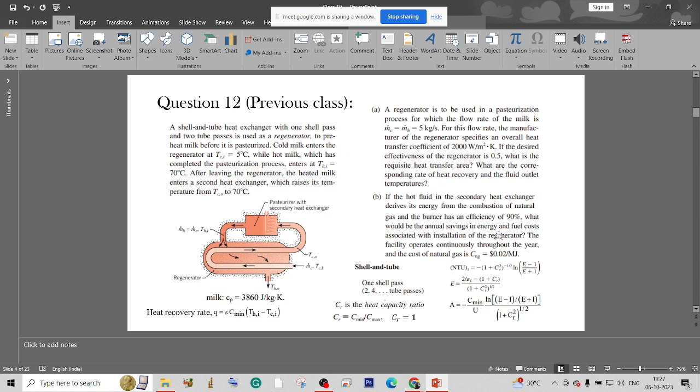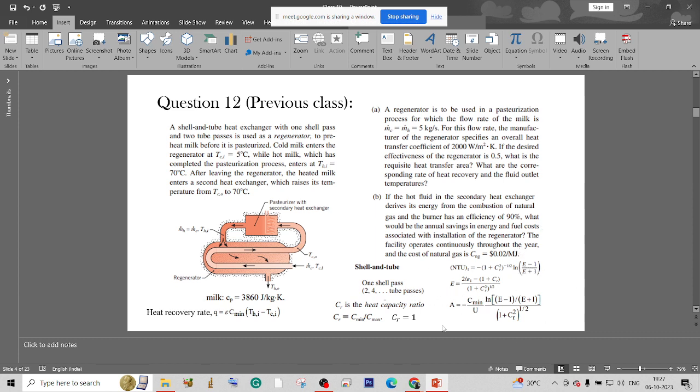For the second heat exchanger, natural gas is combusted, the burner efficiency is 0.9, and that is used as the source of energy. What would be the annual savings in energy and fuel cost associated with the installation of the regenerator? The facility operates continuously throughout the year, and the cost of natural gas is also given per megajoule.